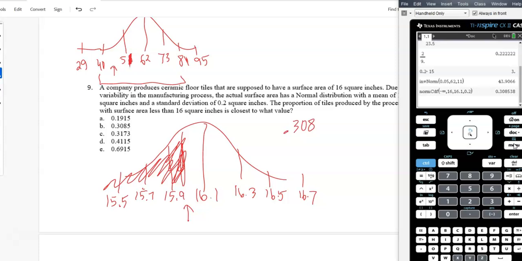Well, that's the answer. If you wanted to show your work, typically what we like to see is something like this. You'd write norm CDF, then negative infinity, just like you typed in your calculator, then 16.1, comma 0.2.